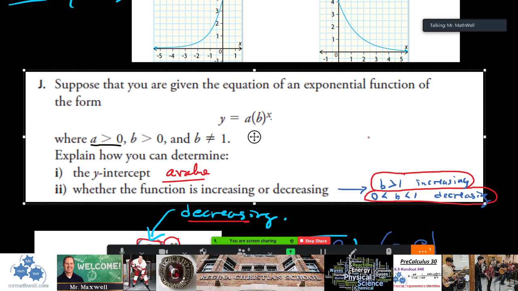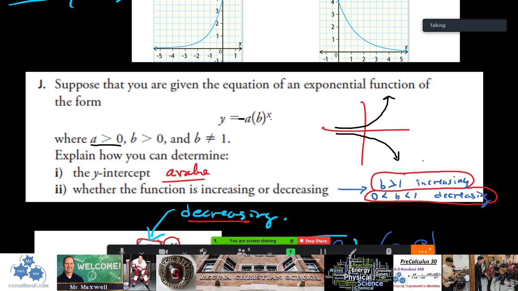With a positive a value, it looks like this. But if you make that a value negative, it flips it this way. We tested that out as well, even though that's not a big focus in this section.